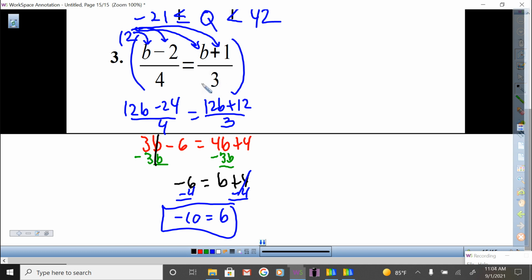So watch. What is 3 times b minus 2? That is 3b minus 6. Equal. What is 4 times b plus 1? 4b plus 4. Don't I have the same thing as here? And from there, we know what to do. So those are 2 different approaches. Just keep that in mind when we get to some of those proportions. This is what we call a proportion.